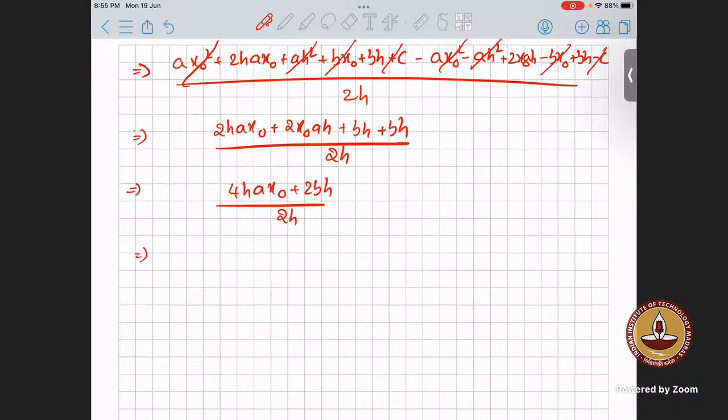That equals 2h into 2ax naught plus b, divided by 2h.